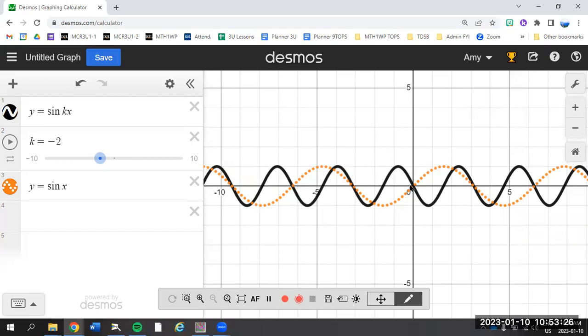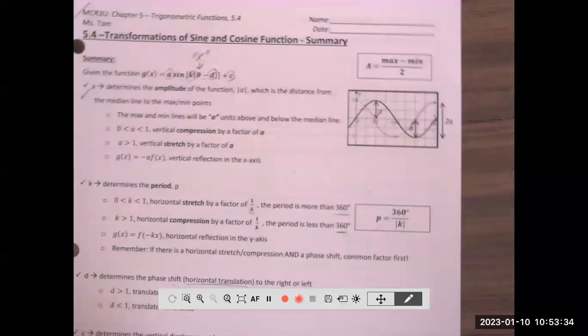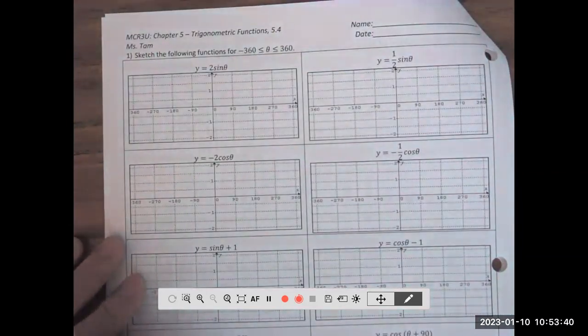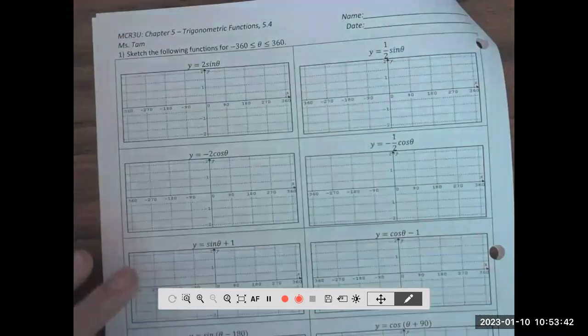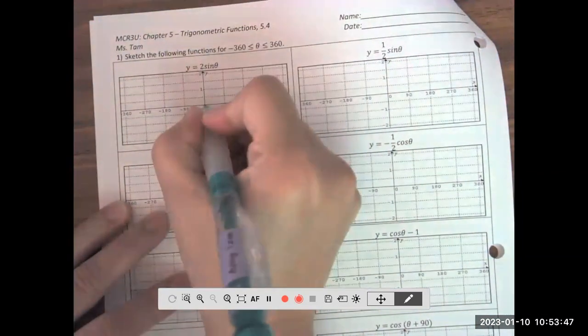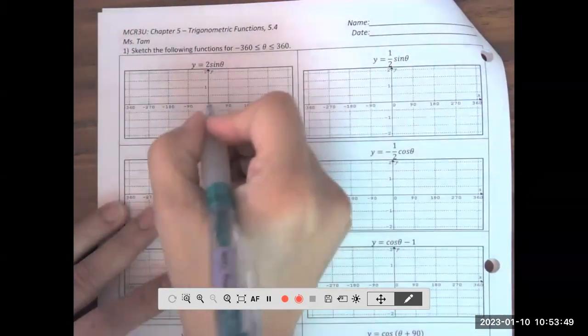Okay, show me thumbs. Taking this slow, I really want to make sure that we feel comfortable with this. Okay, can we practice a few questions now? And by a few, I mean a lot. Okay, so you are going to become an expert at drawing sine functions. So watch me first and then you go, okay?